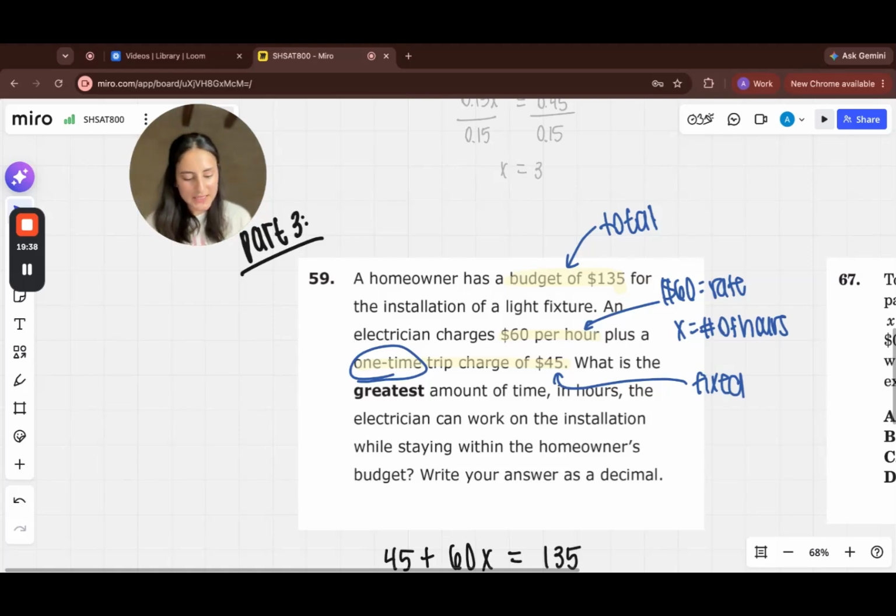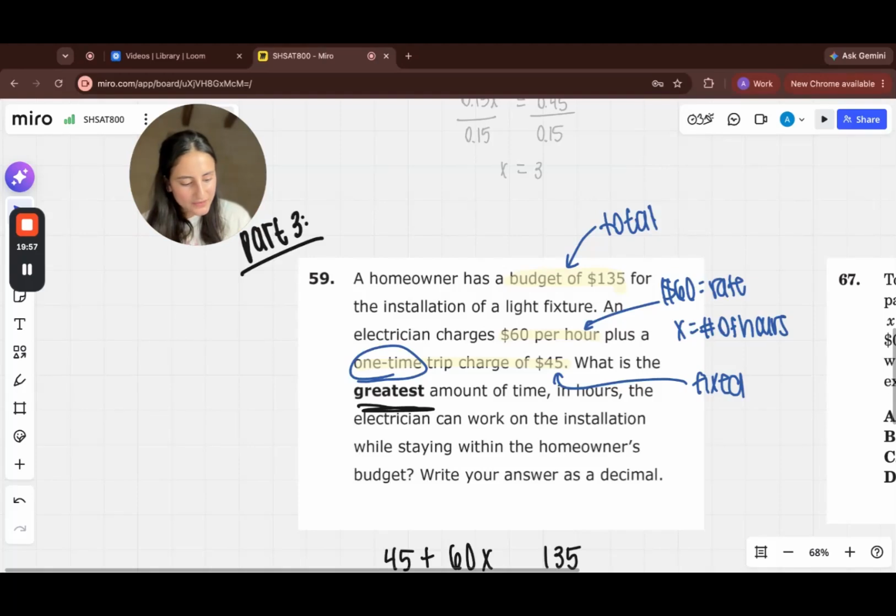And actually not equal in this case. We're setting up an inequality, because it's asking for the greatest amount of time, so we're going to be solving an inequality.